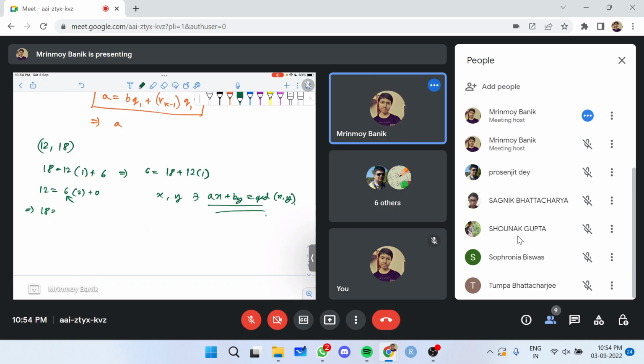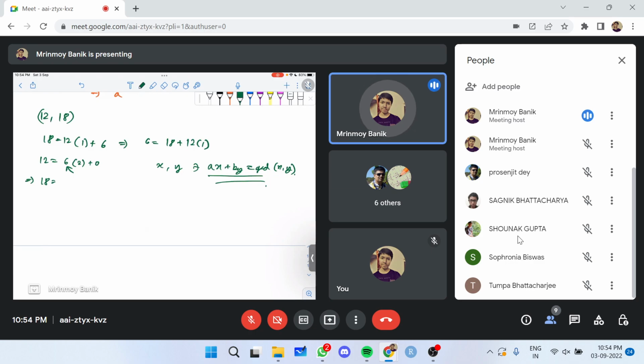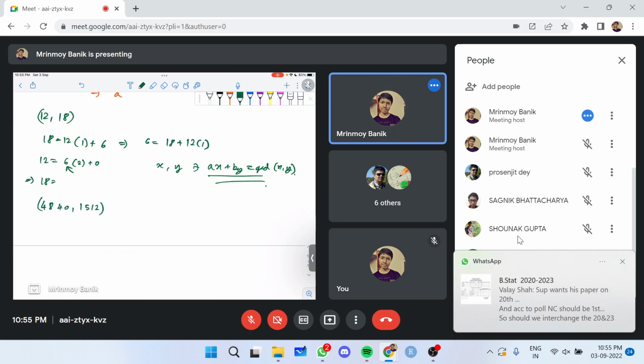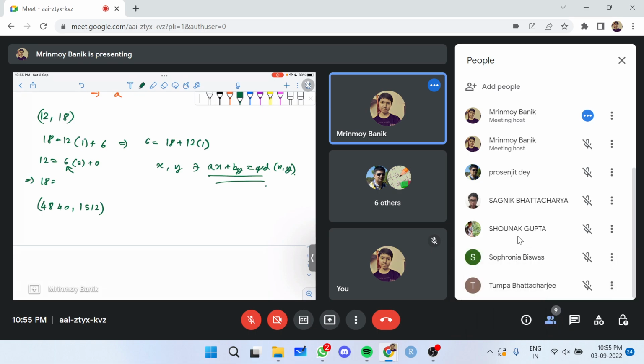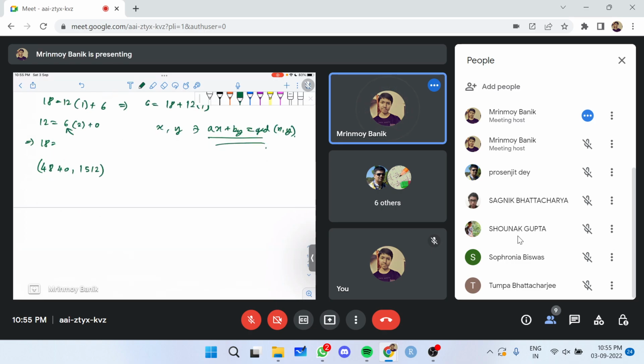So I have to find two numbers whose GCD computation lasts at least a few lines more. Okay, let me use that as an example: 4840 and 1512. So we have 4840 equals 3 times 1512 plus 304, the first one.